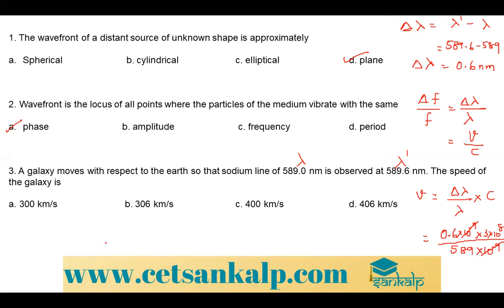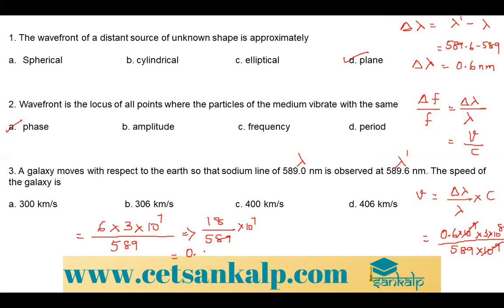So this is 6 into 3 into 10 to the power 7, whole divided by 589, which is 18 divided by 589 into 10 to the power 7.